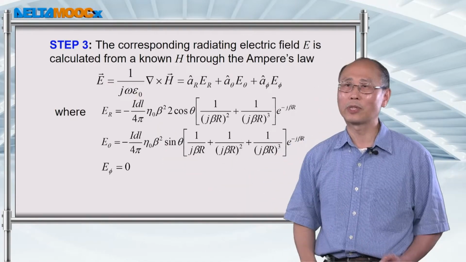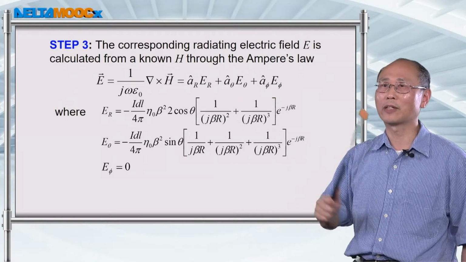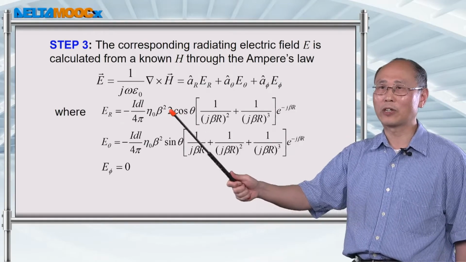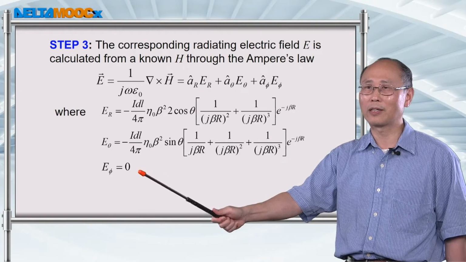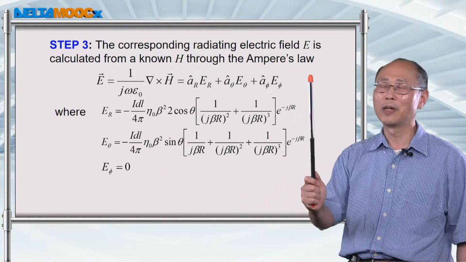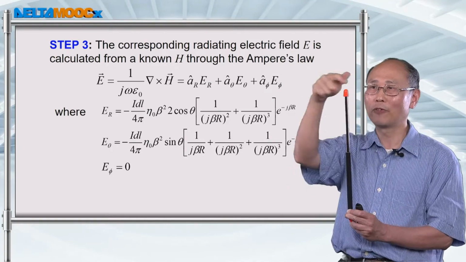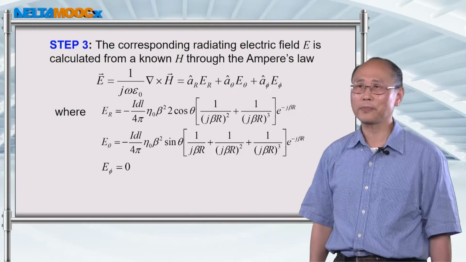Then we'll be able to derive the electric field along all directions, theta direction and phi direction. And the specific form of the expression is given here. It turns out that there's no phi direction electric field. That is because the dipole is axially symmetric. Therefore, along the phi direction, you don't have any electric field.